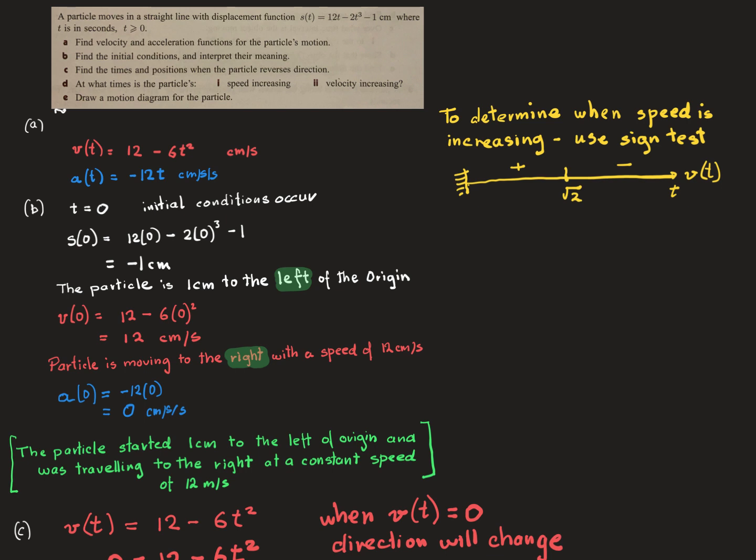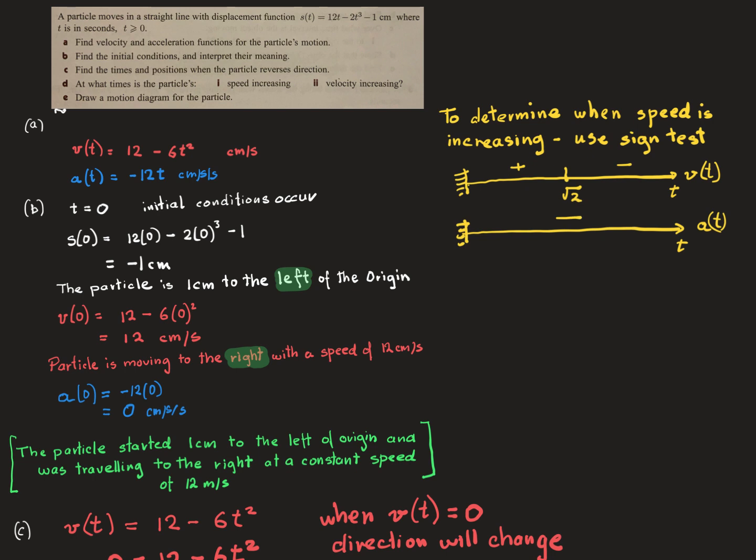Now, we also need to draw another sign diagram, and this time of the acceleration function. Once again, it starts with this. Now, we know that the acceleration, just from the function over here, is going to be negative.